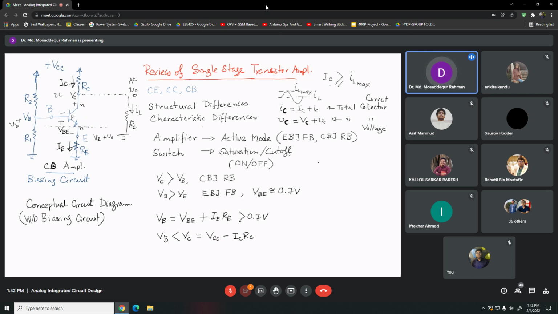Now, how will it vary? If I draw the diagram here, this is time and this is our voltage.